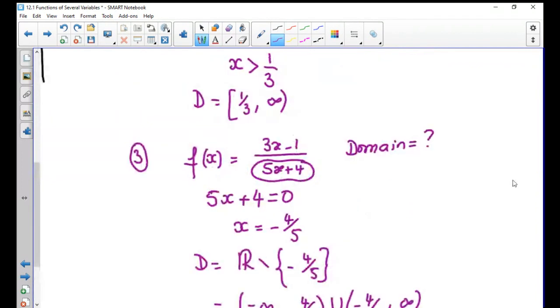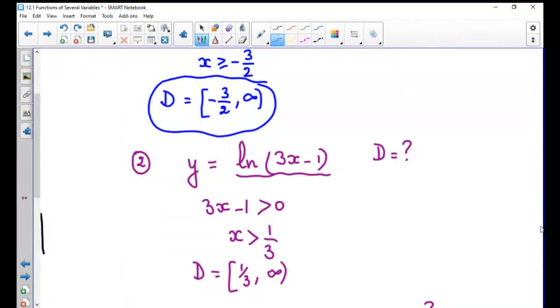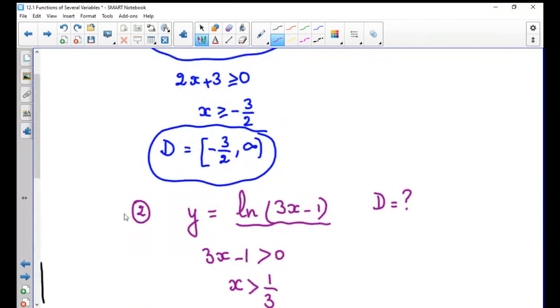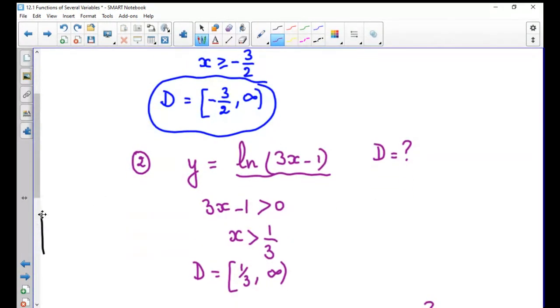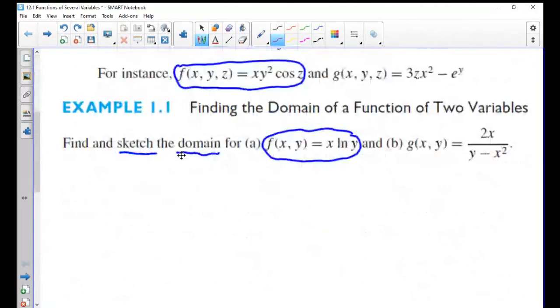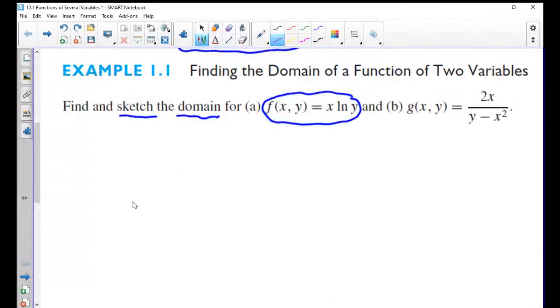So these three examples show you a little bit how the idea of the domain of a function works with one variable. Well, with two variables, it's kind of similar. So let's go back a little bit here. I want to find the domain of this function here, f of x, y equals x ln y.